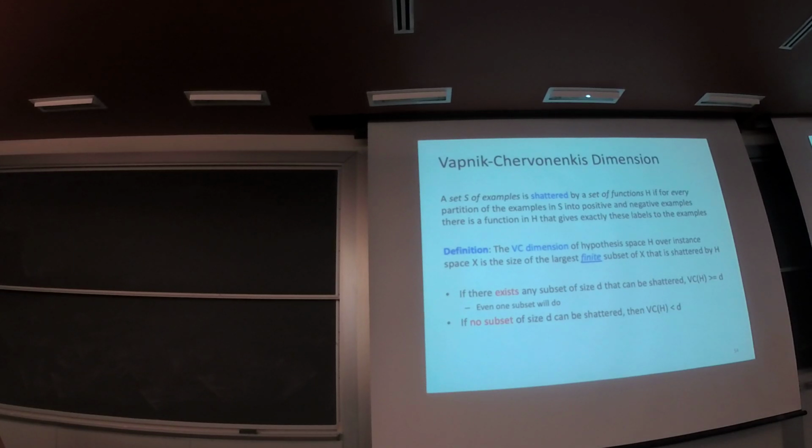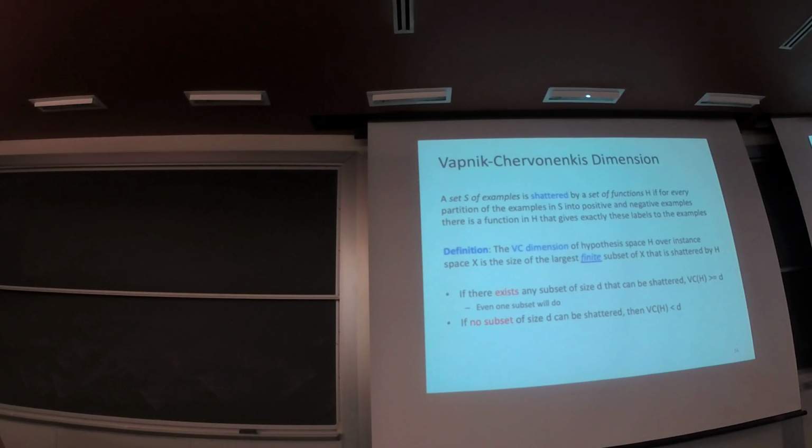Right? You can start with 1 point and ask whether it can be shattered, and 2 points whether they can be shattered. If there exists any subset of size d that can be shattered, then we claim that the VC dimension is no less than d. Here, there exists any subset. We do not require that an arbitrary subset of size d must be shattered. As long as we can find a set of d points that can be shattered, we can claim our VC dimension is no less than d.